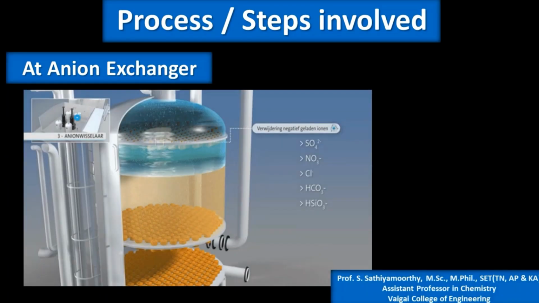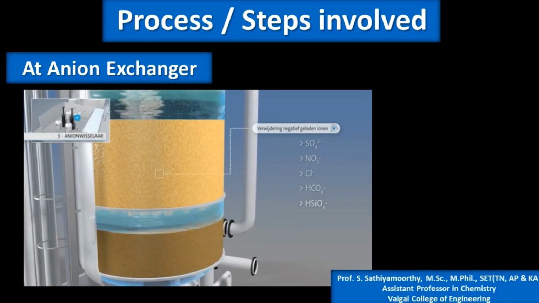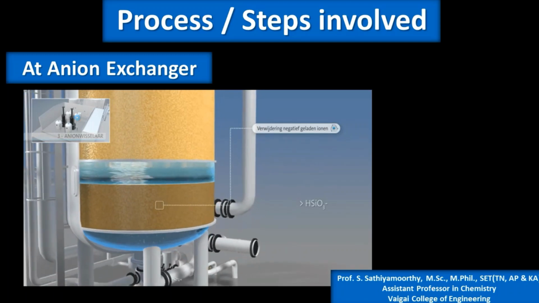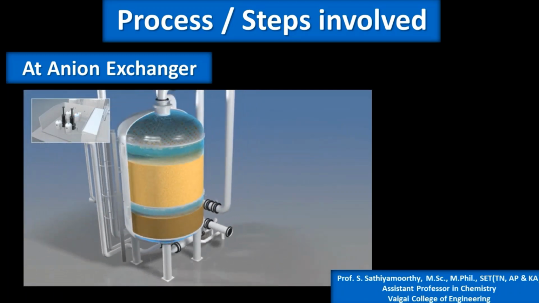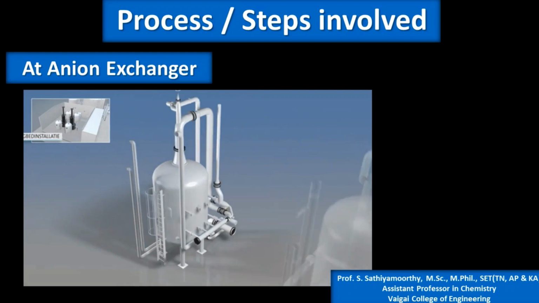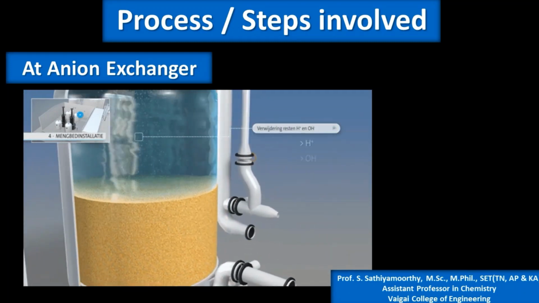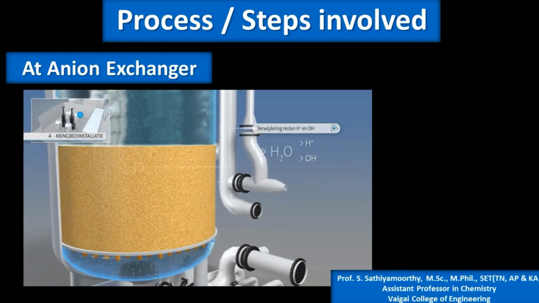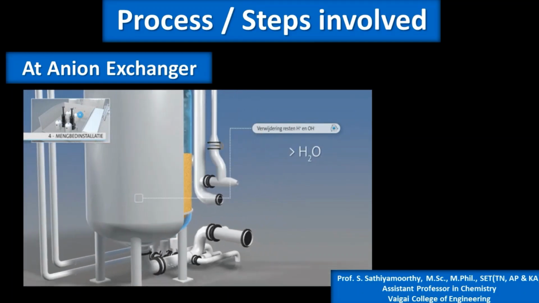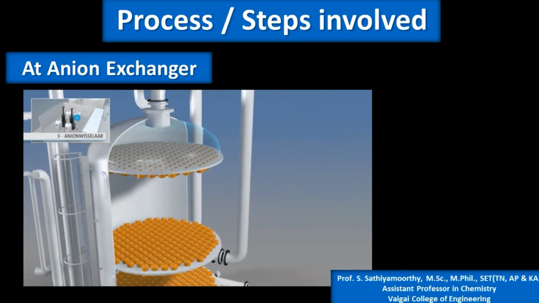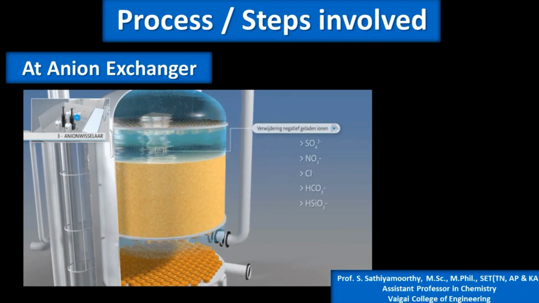Now we are going to see what happens in the anion exchange resin. The water free from cations is now passed through the anion exchanger. Yes, now you can see that the water free from cations is passed.